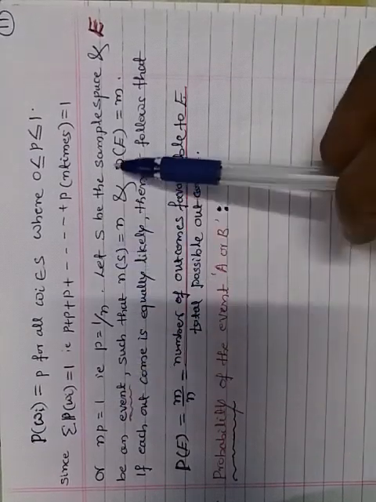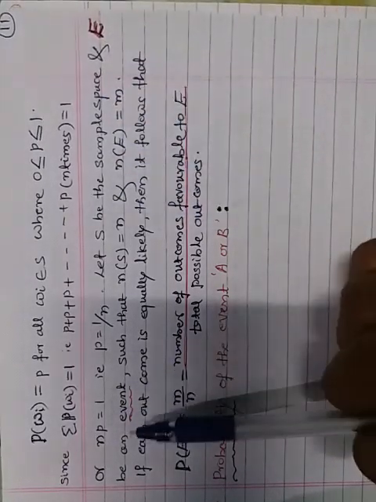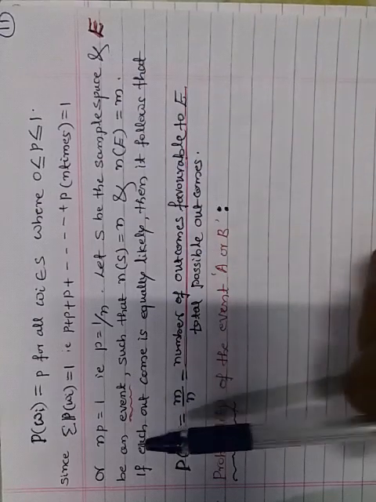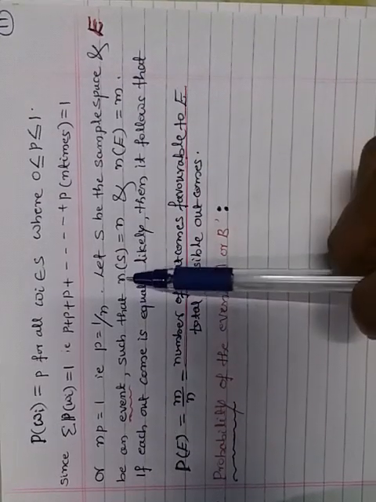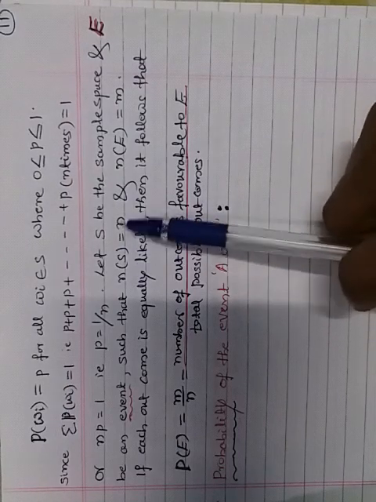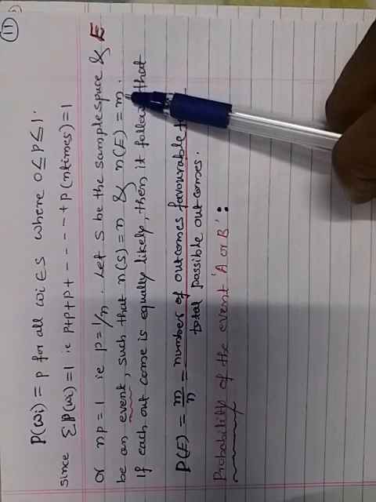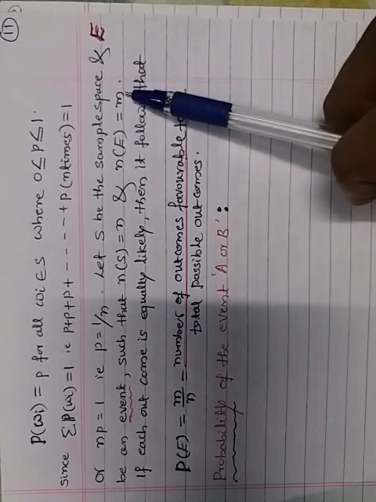Then let S be the sample space and E be an event such that n of S is equal to n, because the events are equally likely, and n of E is equal to small m.